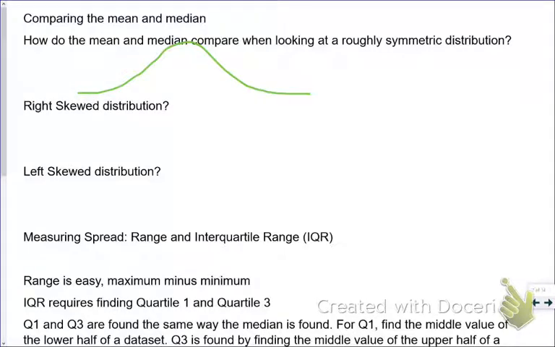If I have a symmetric distribution, the mean is approximately equal to the median. If it's perfectly symmetric, which is unlikely, then they're equal. But if it's about symmetric, then they'll be approximately the same.